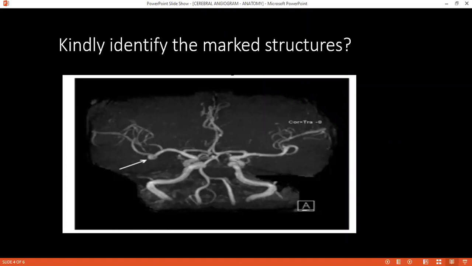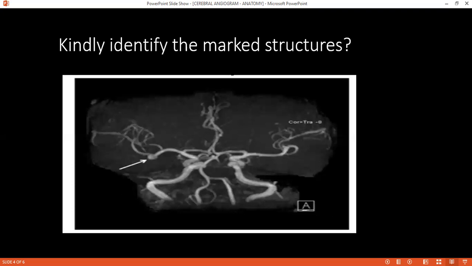Can you please tell me the area of supply of the vertebral artery? Vertebral artery gives the posterior inferior cerebellar artery. So it gives blood supply to the cerebellum, and it also gives branches to the medulla oblongata, and these are the two main branches. Does it give any branch when it enters the skull through the foramen magnum?